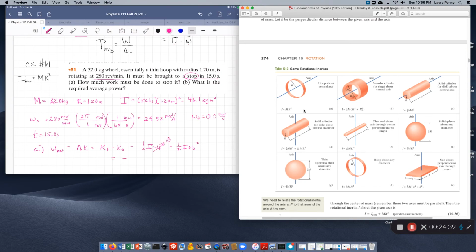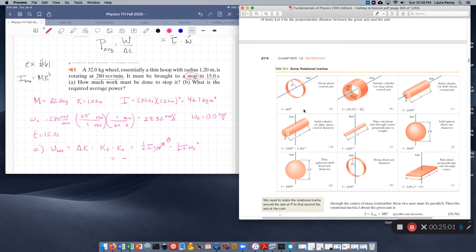And so we end up with a negative 1/2 times our I, so 0.5 times 46.1 times 29.32 squared.